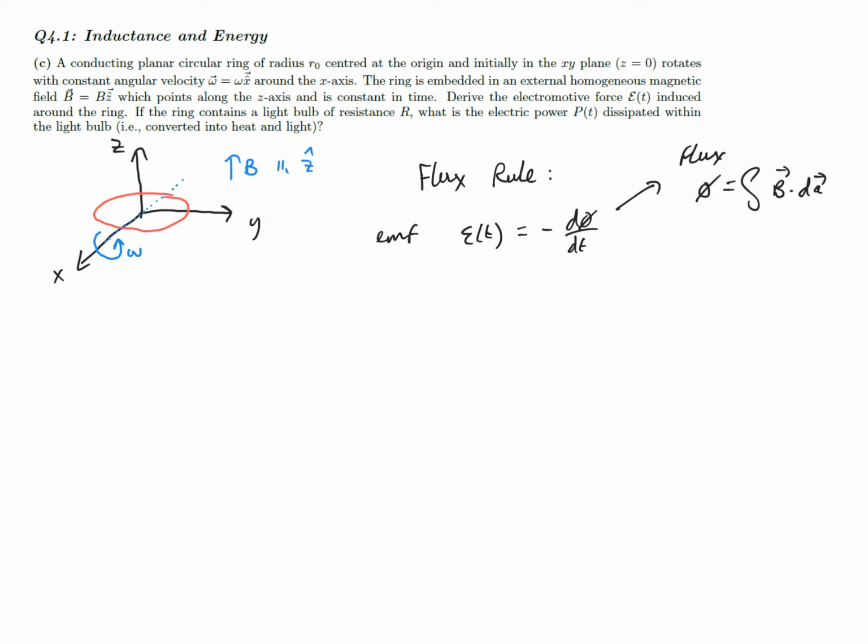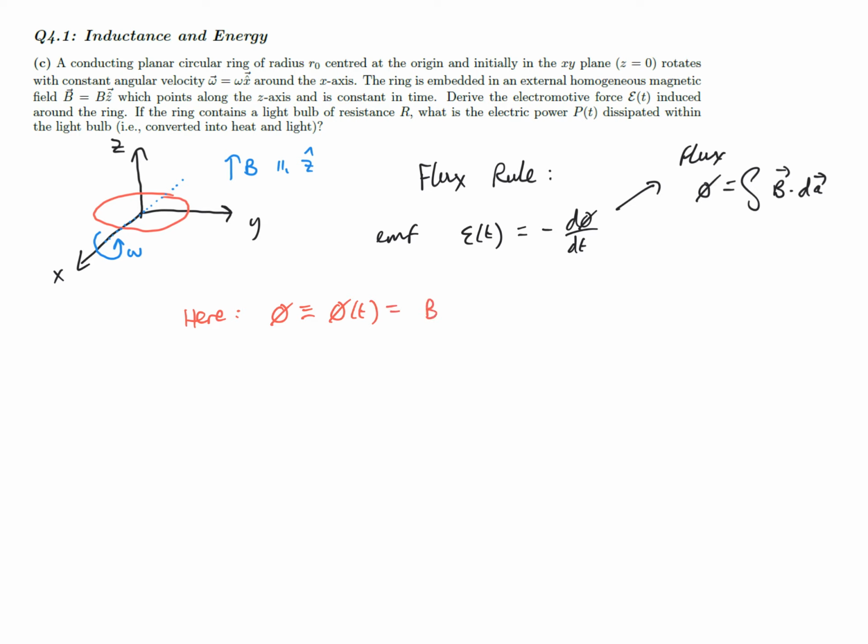So what we want to know is the component of the magnetic field through that vector area. We do that through the dot product, and obviously that's going to give us a cosine omega t term. So the important point is that in this problem, our phi is time-dependent, phi of t.